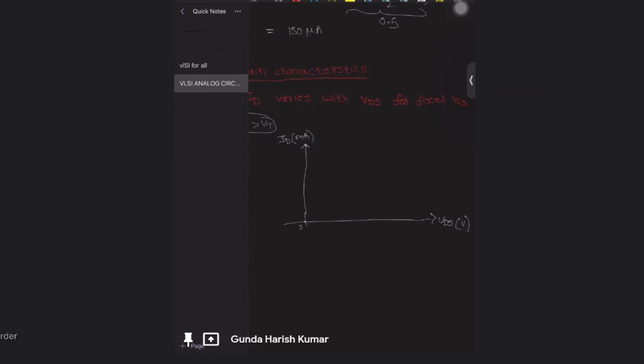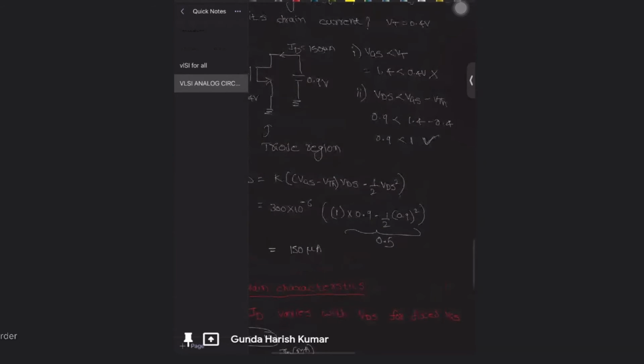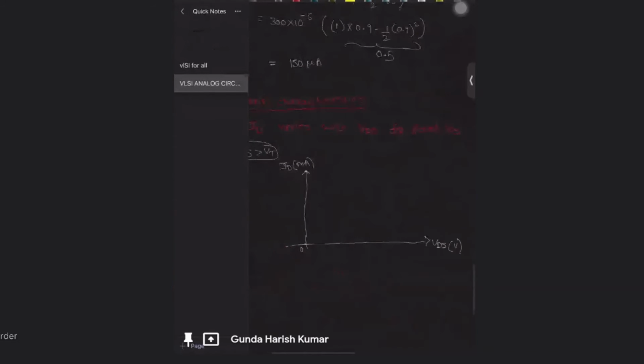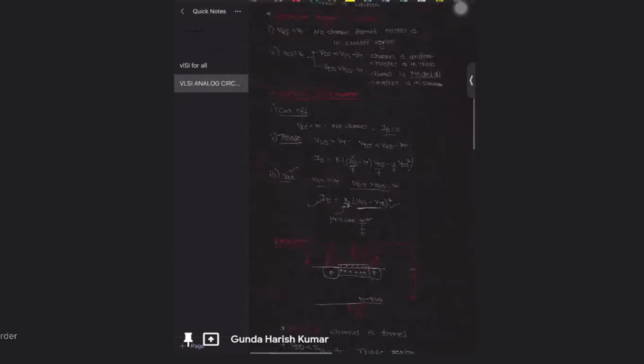So VDS. Initially, if my VDS is 0, no current flows. If my VDS is going to increase, initially it will be in triode region because VDS is slowly increasing. So it will be less than VGS minus VT. VDS is starting from 0, so it will be first entering into the triode region.